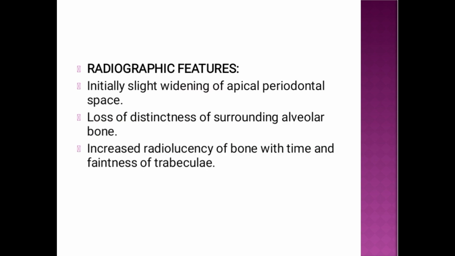Radiographically, look at the PDL in the abscess region. The periodontal fibers at the apex region will be widened initially, and there will be loss of distinction from the surrounding bone.